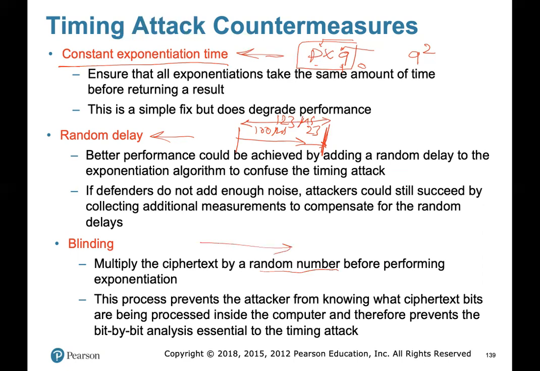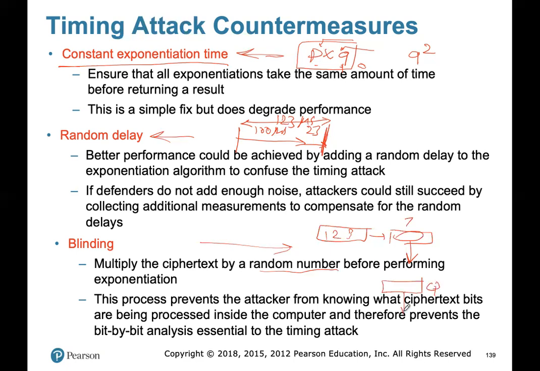So whatever your plain text is, let's say 1, 2, 3, you multiply it by a random number, and of course you know that random number, and every time you change it. For example, 7, you multiply it by 7, you get a number, and then you start encryption using this. Everything here takes some time, and you get the ciphertext.